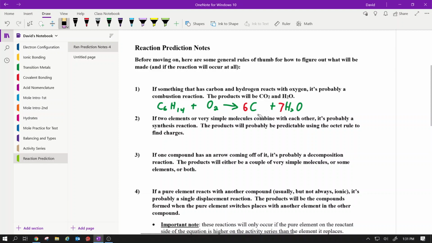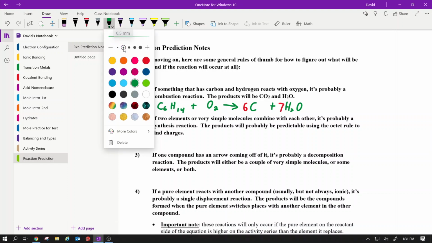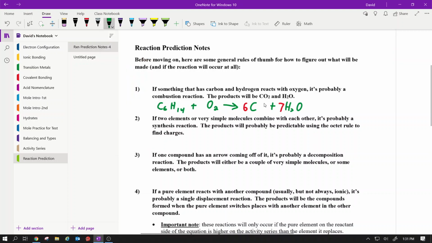Let me clean that up a little. All right, there we go. We'll make that a little thinner and easier to read. All right, so let's see, 6 carbons, 14 hydrogens, 7 times 2 is going to be 14. And then my oxygens. Okay, whoops, tough luck on that one with the 19.